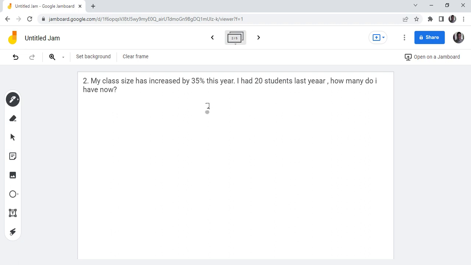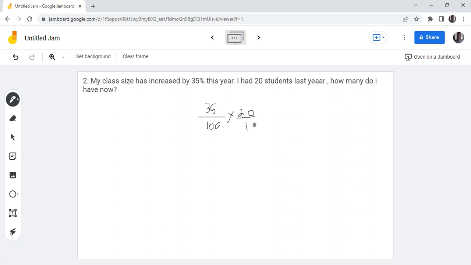Since 35% is out of 100, we put 35 over 100 times 20. So what we are doing is finding 35% of 20.